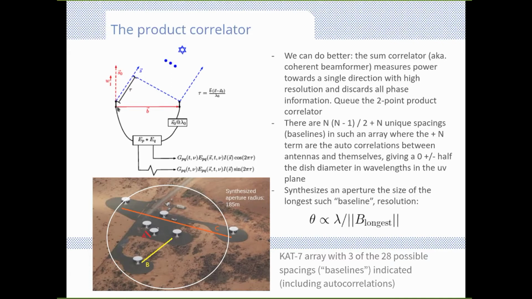Remember, we're pointing the interferometer itself, not necessarily the dishes, towards this S0 direction here. You can think of this as direction in. It lies in the direction of W, as we said before. And we're measuring for tau the projection of this difference vector between the source vector and S0 onto the baseline vector B here. This is just a normal dot product, as you would have seen from your university calculus.